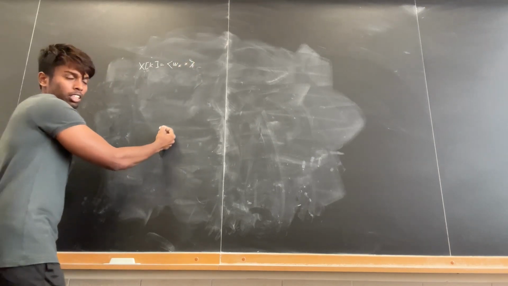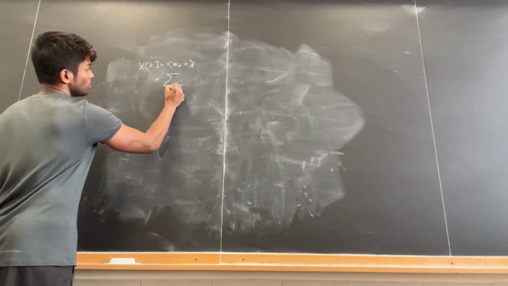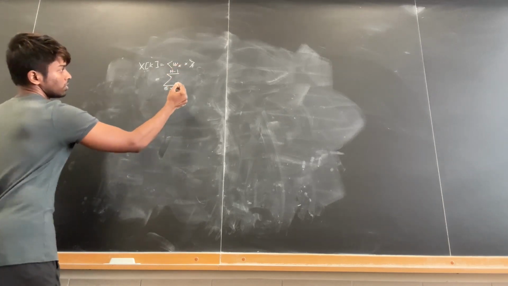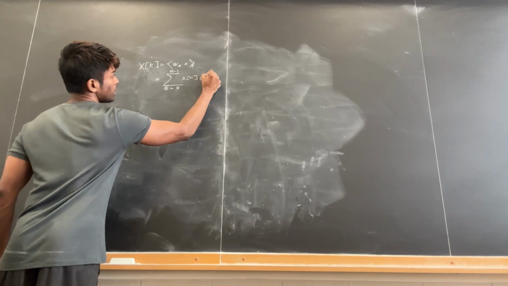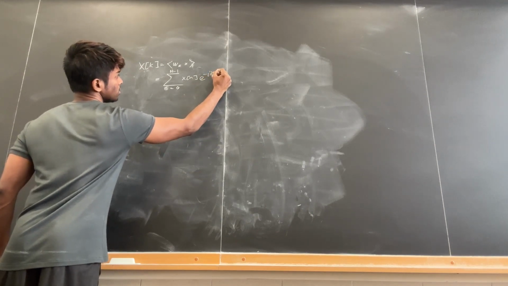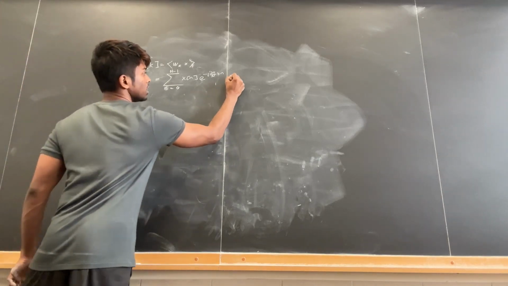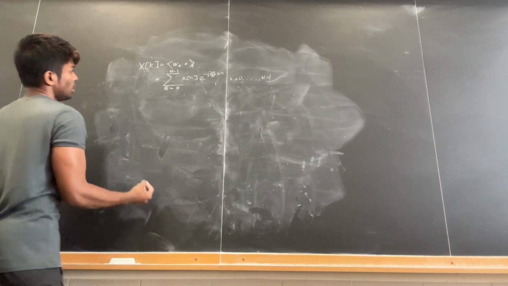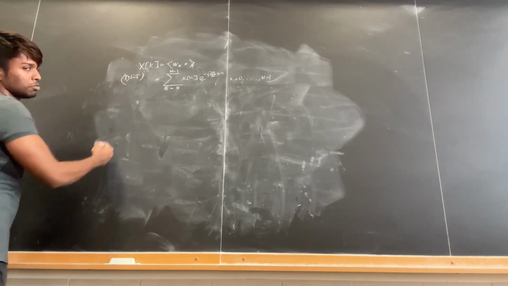That inner product is given by the summation, n equal to 0 to N minus 1, of x[n] times e to the power minus j 2 pi by N kn. So this is our inner product, and we explicitly say that k varies from 0 to N minus 1. So this is the DFT, the discrete Fourier transform.